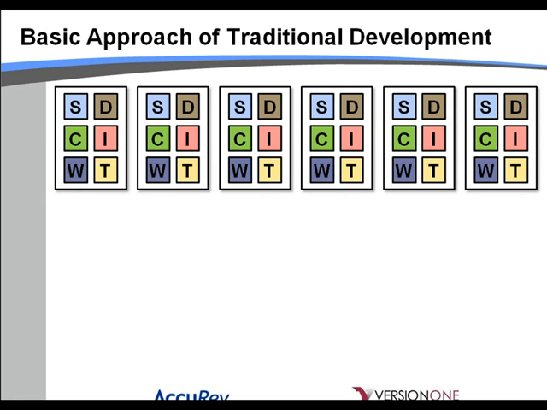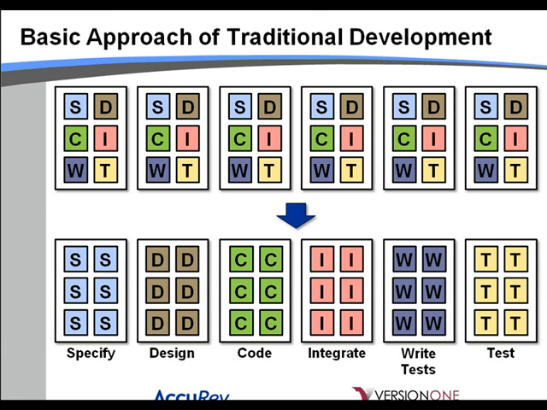Well, it seems to make sense to do all the specification up front, then follow that by a good design document which takes into account everything that I'm going to do, then write all the code, etc. Now, nobody does this exactly in practice, but this is the starting pattern. So there's traditional development, perhaps modified for your circumstances, but there's still a big difference between that and Agile. So using this, let's take a look at what actually happens here.